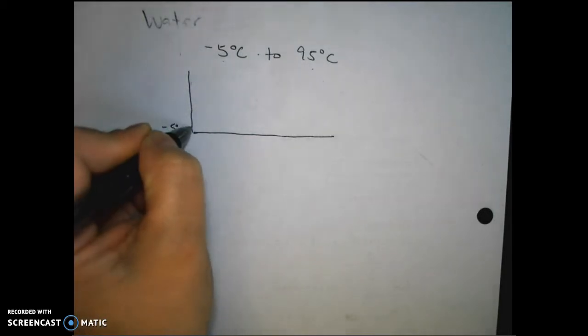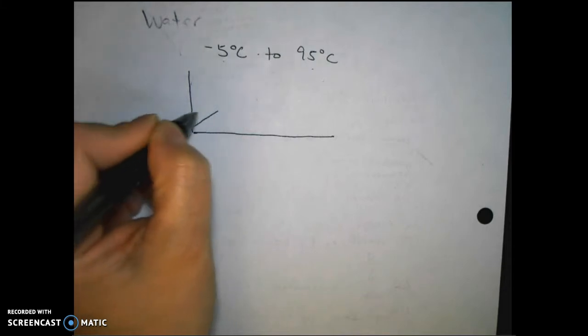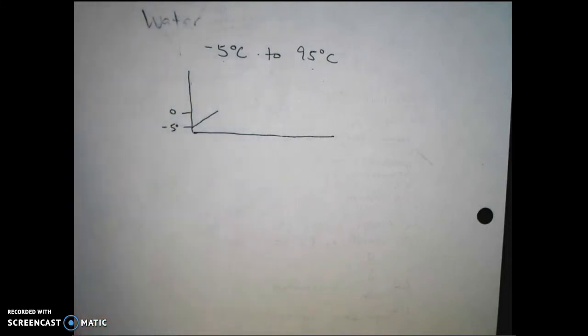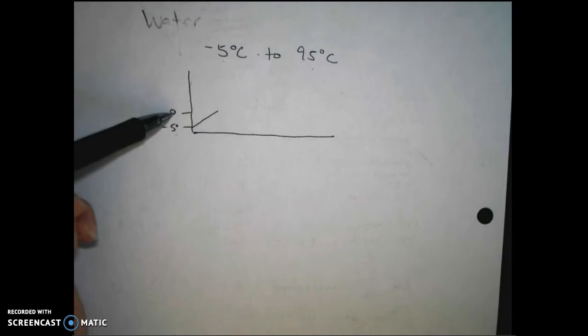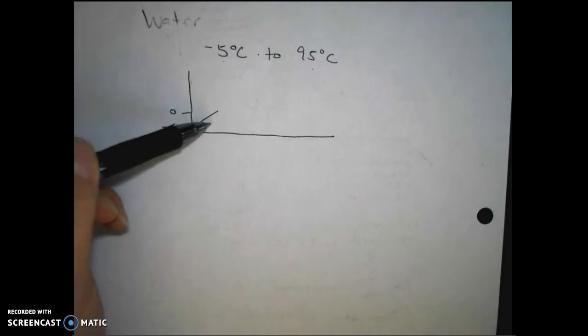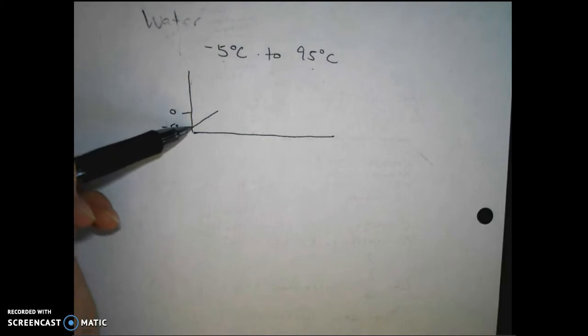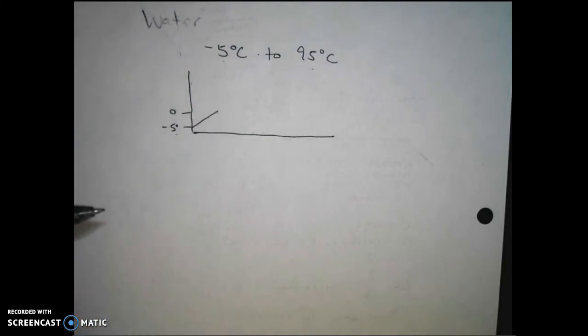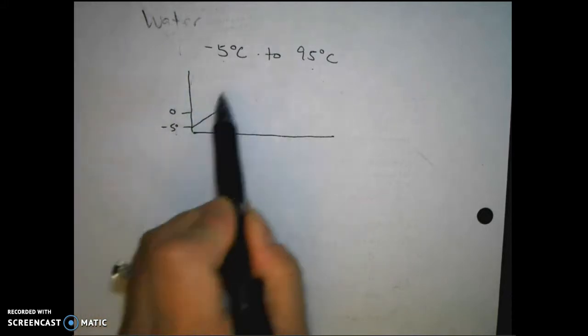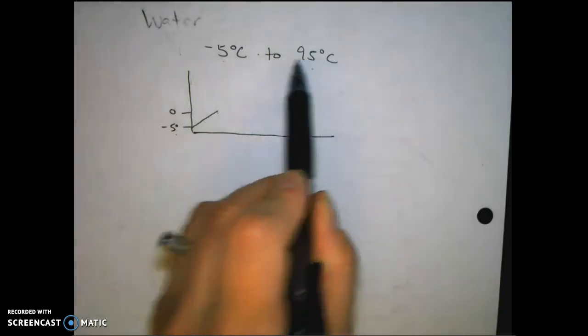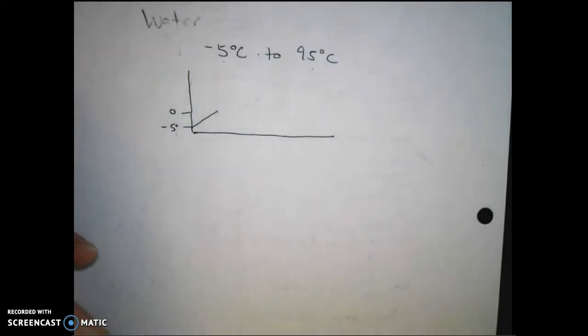So the first thing I'm going to do is increase the temperature from -5 degrees to 0 degrees. That's the amount of energy. So when I calculate this point, that's the amount of energy needed to get the solid from -5 to 0 degrees. I would use the heat constant and calculate the specific heat of the solid and calculate Q. I'm not done yet though, because I have to get this water up to 95 degrees.